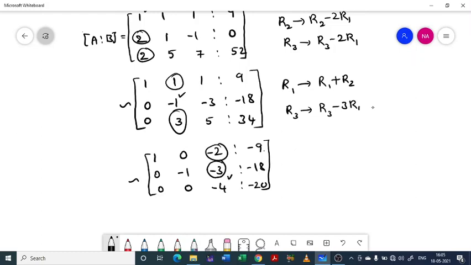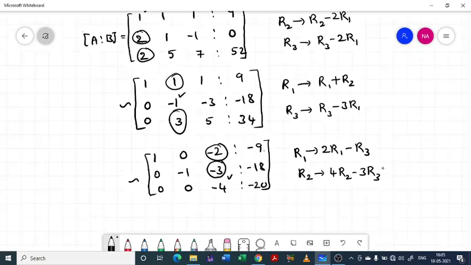So now we have to make these two 0 by fixing this one. So suitable operations are, okay, sorry, this is R1. R1 changes to 2R1 minus R3, and R2 changes to 4R2 minus 3R3.